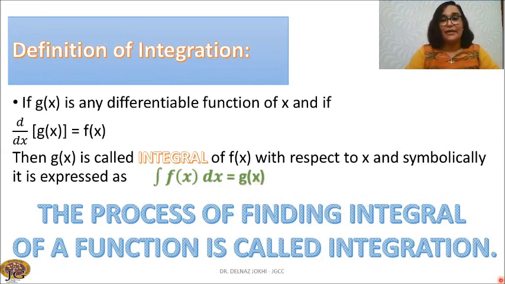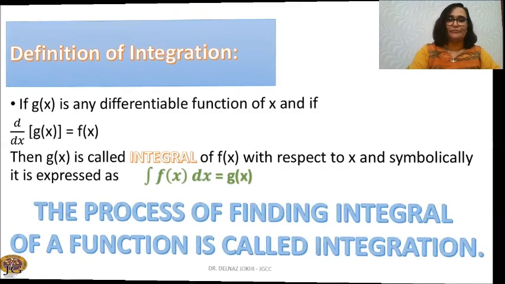So what is the meaning or definition of integration in simple terms? Integration is a process of finding out the integral. Integral of what? Integral of a function. The function is f(x). So that is called integration. It's simple language for you to learn in this first lecture.